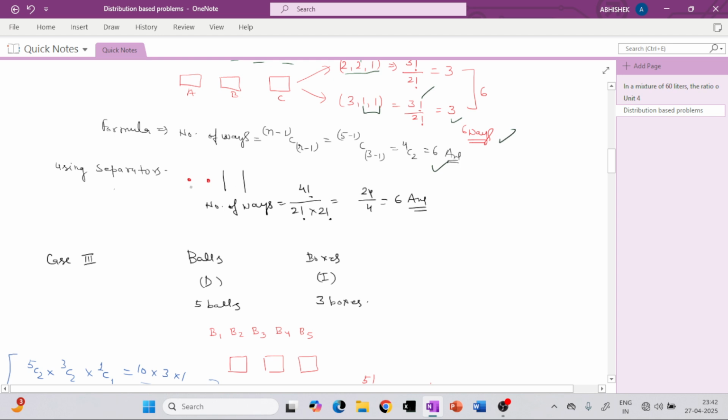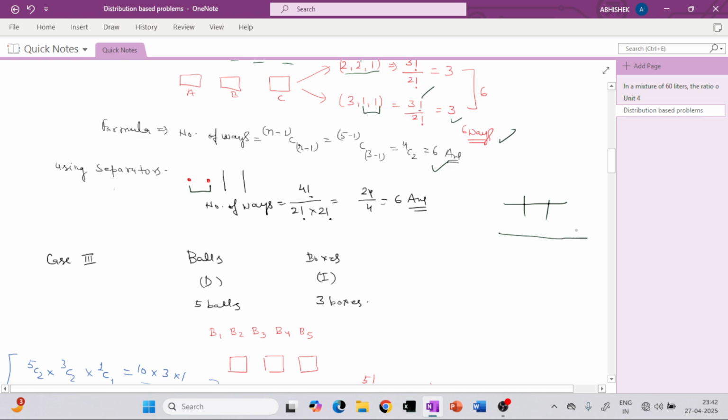Separator means we have to divide these balls in 3 parts. So remember one thing, when anything is to be divided in 3 parts, we have to use 2 cuts. Means 2 cuts are required. Suppose that there is a rod and we have to divide this rod in 3 parts, so 2 cuts will be required.